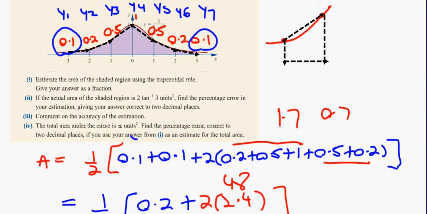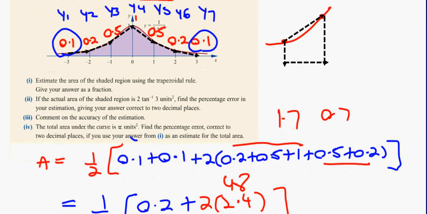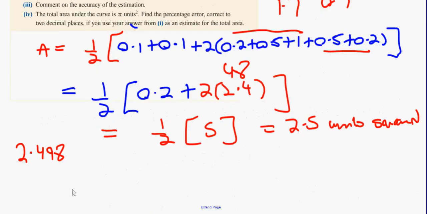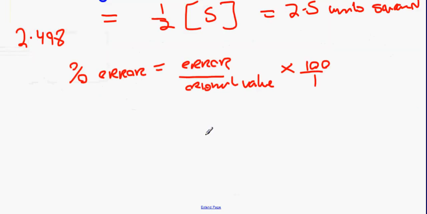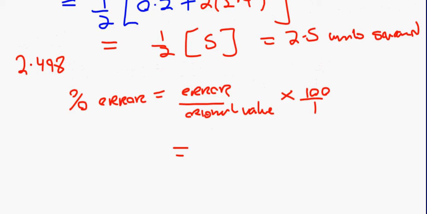Now once the percentage error in your estimation, right, so percentage error equals error divided by original value multiplied by 100 over 1.